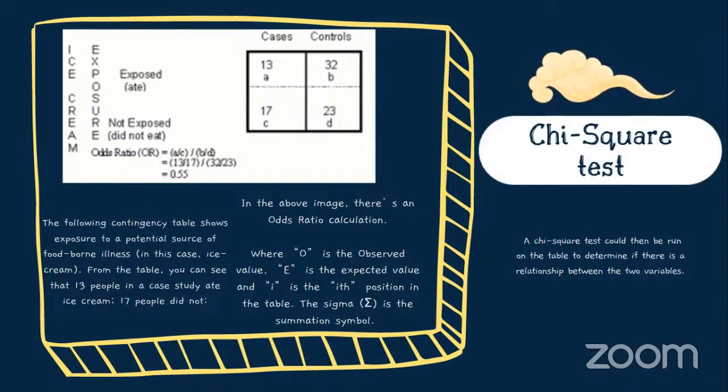From the table, you can see that 13 people in a case study ate ice cream, 17 people did not. In the chi-square formula, O is the observed value, E is the expected value, and i is the i-th position in the table. The sigma is the summation symbol.